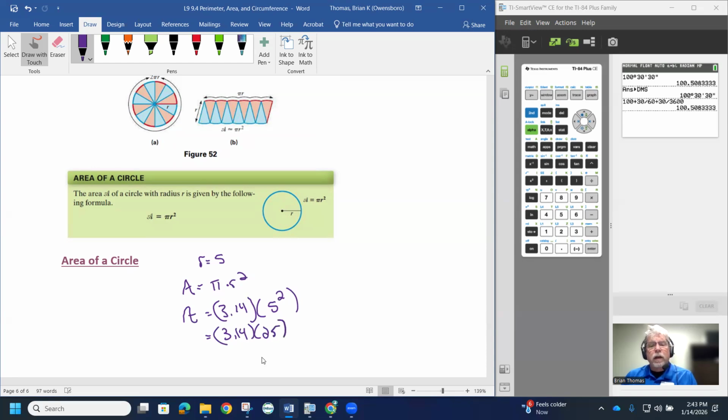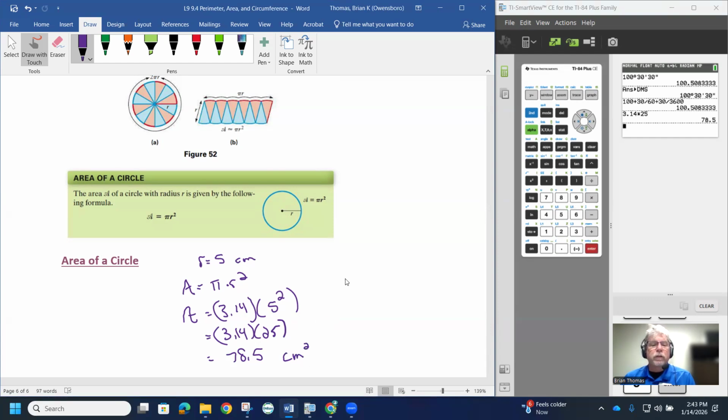Now to expedite the math, we can use a calculator. So if we go 3.14 times 25, this will give me the area of the circle. This goes out to the tenths place. So our area is going to be about 78.5 square units. If I say that was 5 centimeters, then the area of the circle is going to be 78.5 square centimeters. So we write this as that.